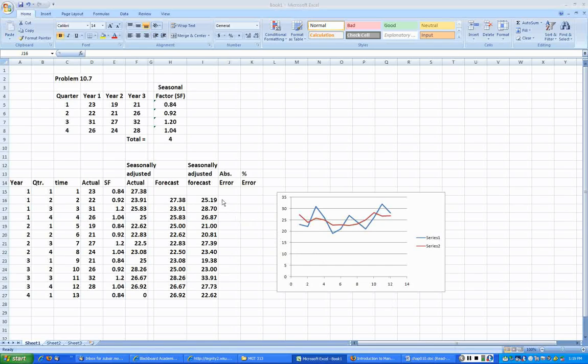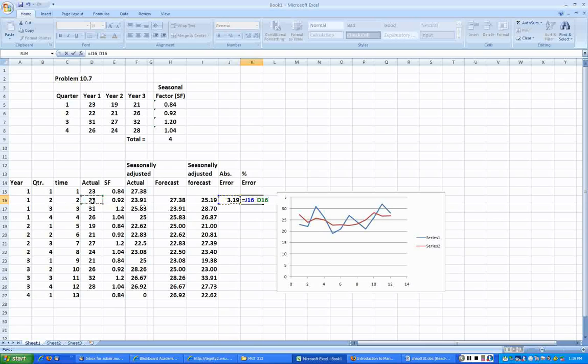Now let's go ahead and compute the mean absolute deviation, mean squared error, and MAPE as what we had done before. That equals the absolute error between the actual and the forecast. So the actual minus the seasonally adjusted forecast would have been that one, and the percent error is equal to that value divided by the actual.